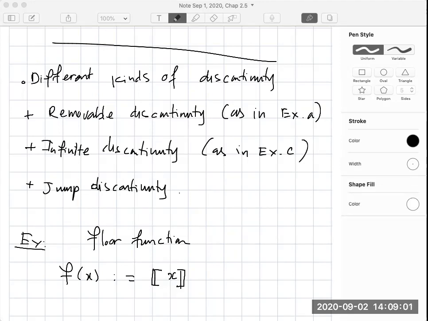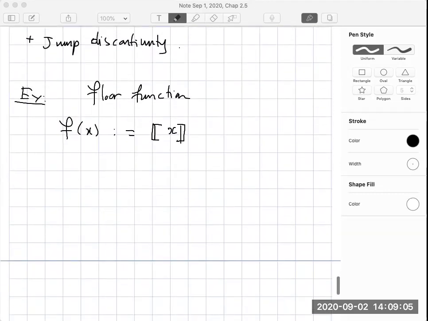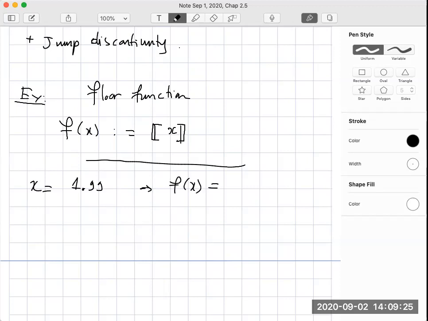I still see it. Can you still see it? Okay, this floor function is defined like this. Then it will return, for example, at x is equal to 1.9, f of x will be the smaller integer, which is 1 in this case.